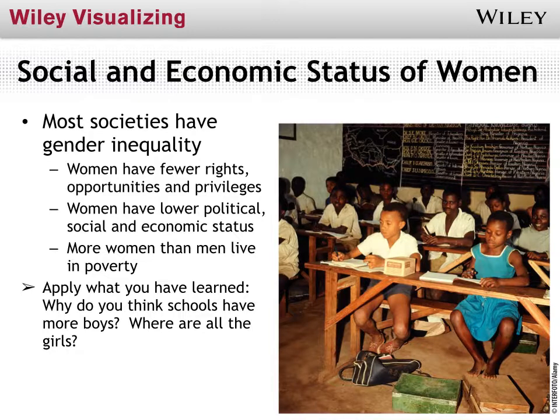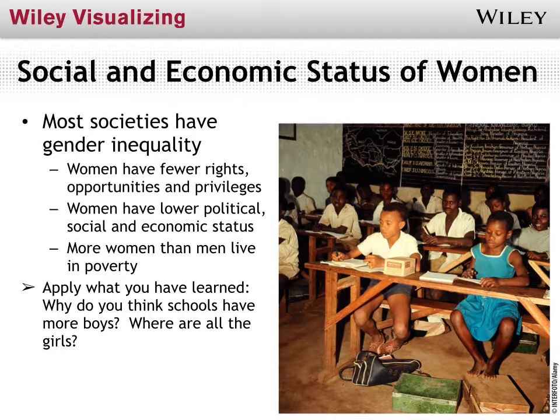There's a lot of gender inequality around the world as well. As I already mentioned, in many of the developing countries, women have far fewer rights than men do, which means they also have fewer opportunities for education, for example, and fewer privileges. That basically gives them a much lower political, social, and economic status.